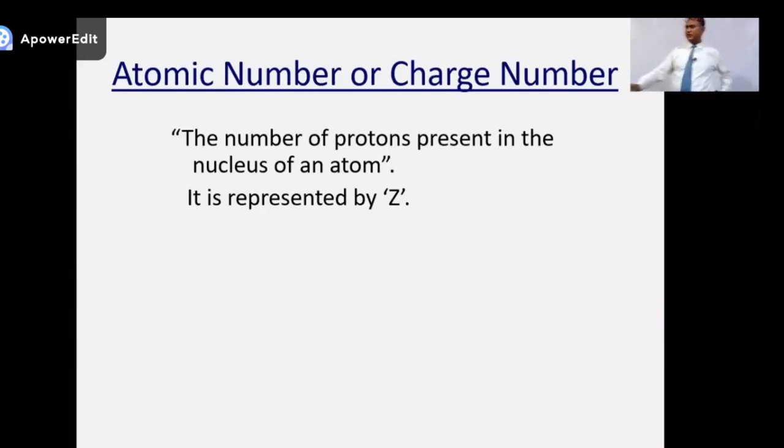That is why you can see on the screen: the number of protons present in the nucleus of an atom is called atomic number or charge number. Okay?